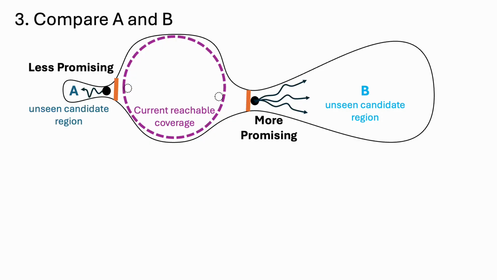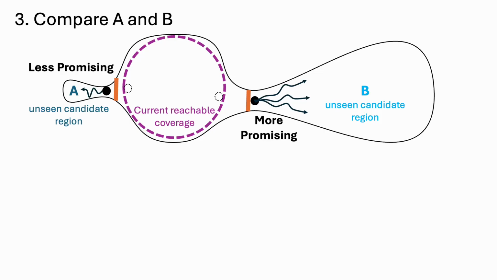Like, the fuzzer can realize that A is small, so there's not much hidden coverage, and therefore it shouldn't waste the effort of actually trying to route to A. But the Scout for region B is able to see that it's much more promising and that there are a lot of edges waiting to be covered if only the reachable coverage were able to expand past that barrier. So that's the main purpose of Scout.